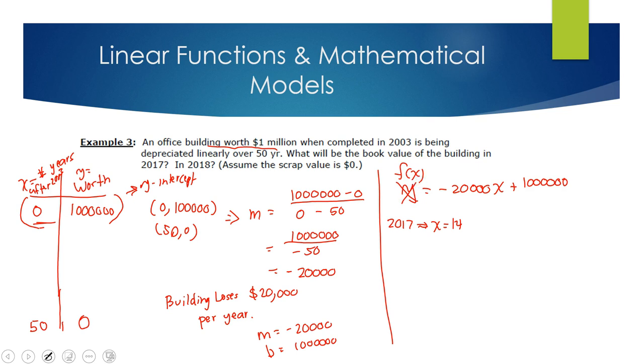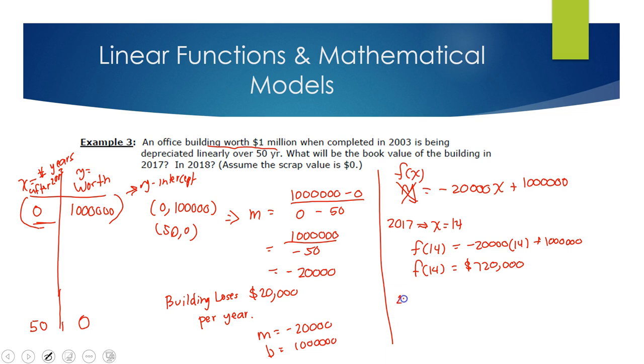So I'm going to figure out what f of 14 is for 2017. So negative 20,000 times 14 plus 1 million. F of 14 equals $720,000.